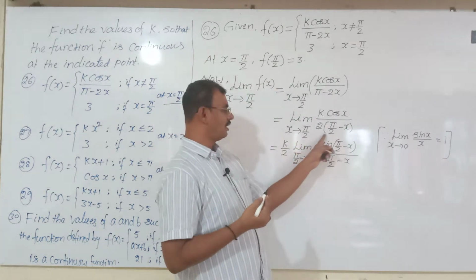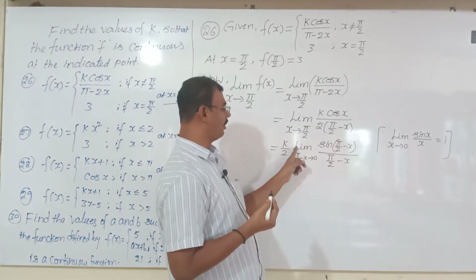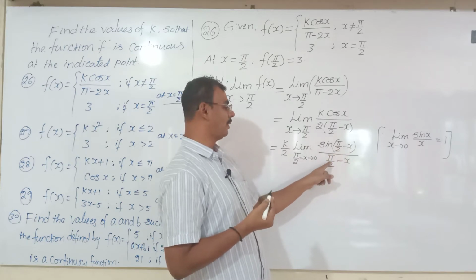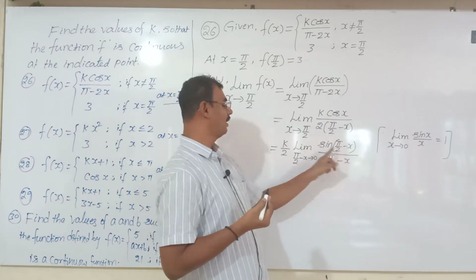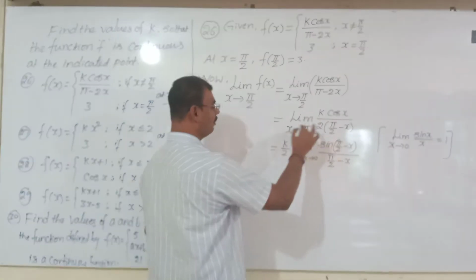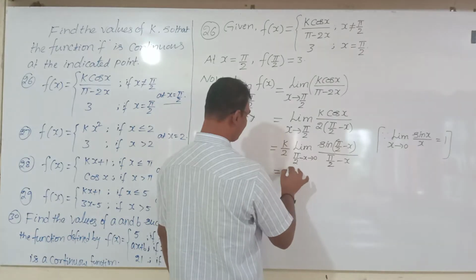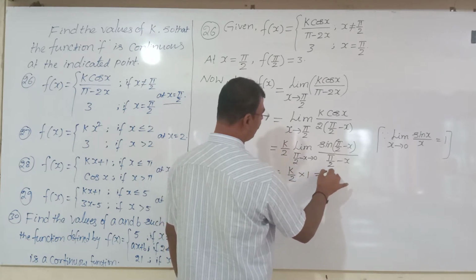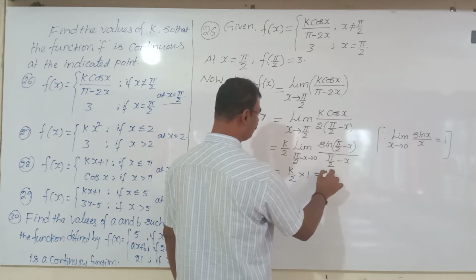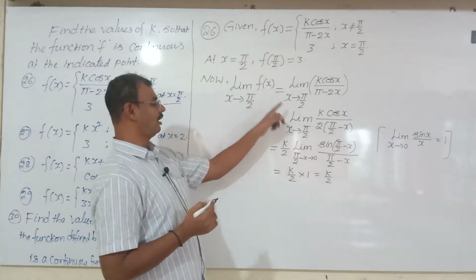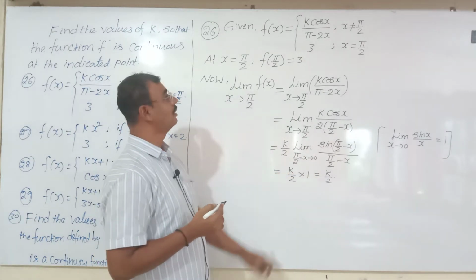According to this result, limit of sin of pi by 2 minus x upon pi by 2 minus x as pi by 2 minus x approaches 0 will be 1. So this is equal to k divided by 2 into 1, which is k divided by 2. So we got the limit of the function equal to k divided by 2.